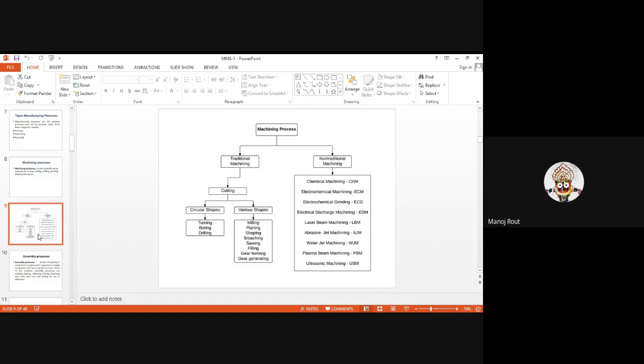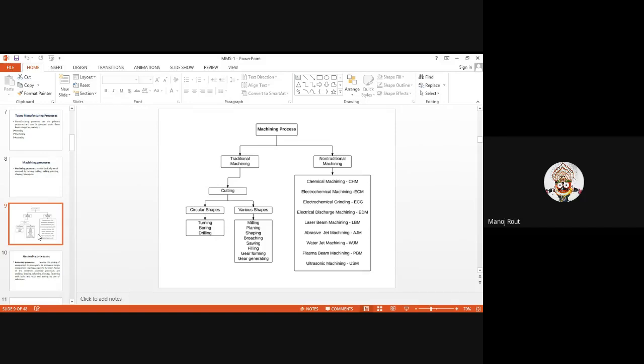Apart from those, if you go to the next part, that is the non-traditional machining process. In that process, various latest machining processes have been introduced nowadays. The first one is chemical machining. The next is electrochemical machining, and electrochemical grinding. The next one is electrical discharge machining.